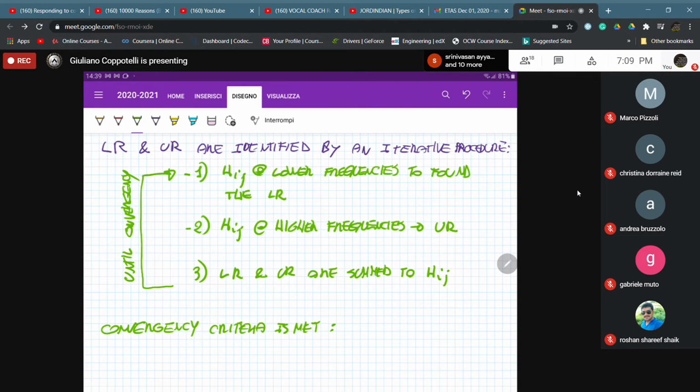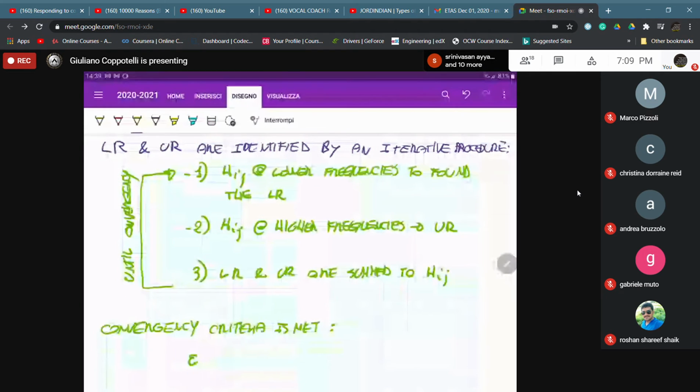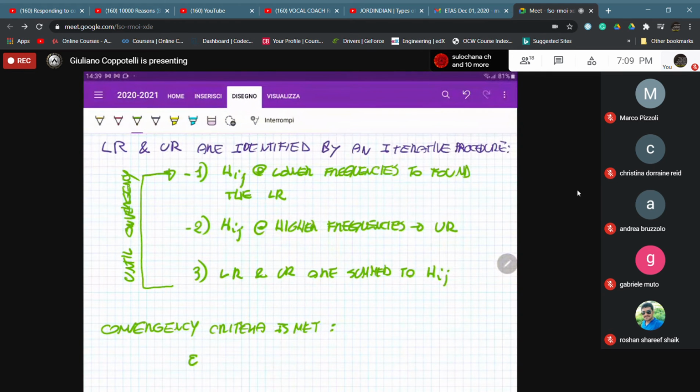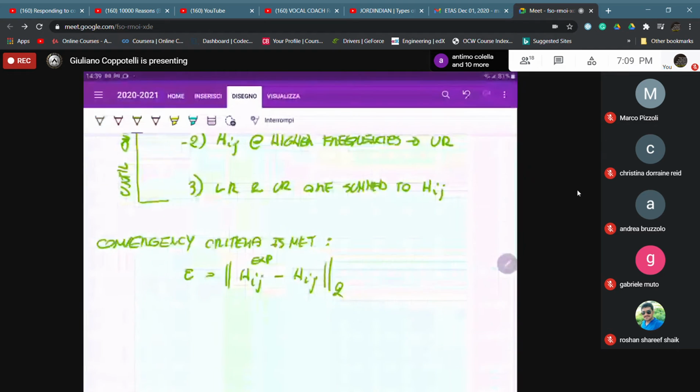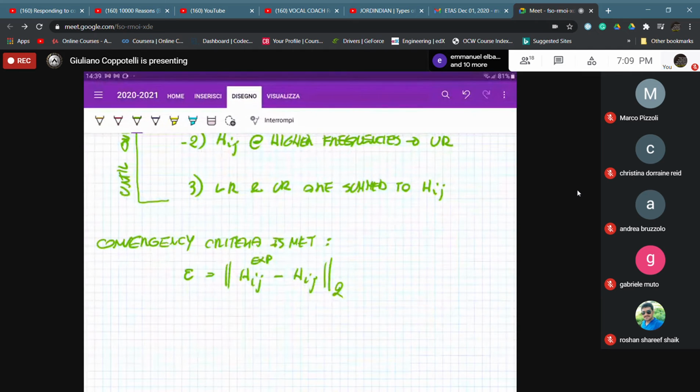For example, you have whatever small quantity that could be the difference, the norm 2 difference between your Hij that is experimentally evaluated, that is H1, H2, negative your Hij that is evaluated with your receiver. Okay, and therefore you can have the estimate of your residual terms, and there you have everything in place.